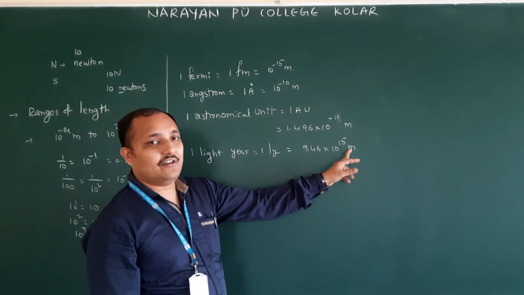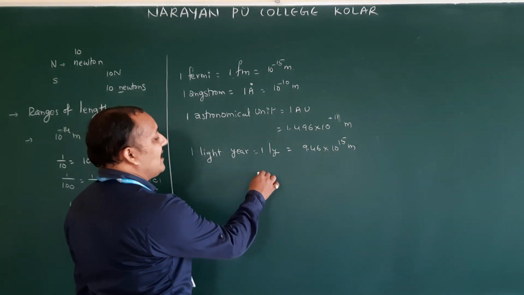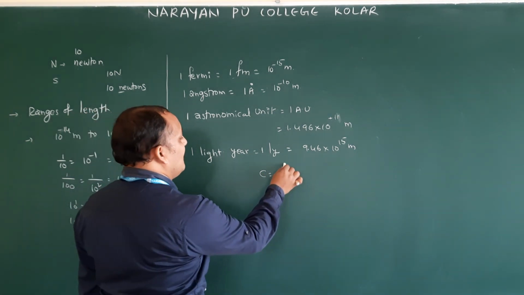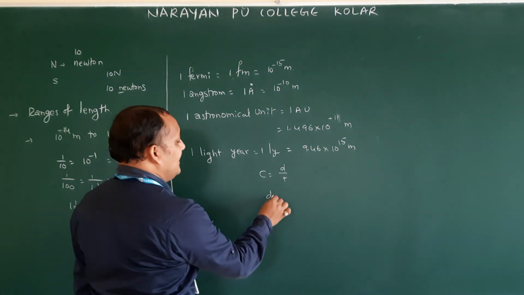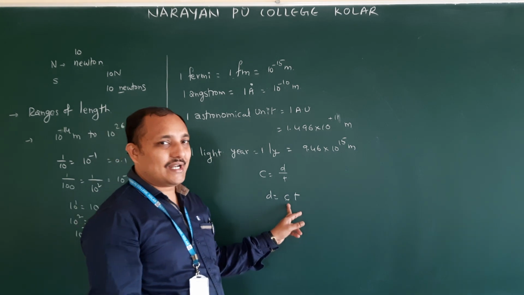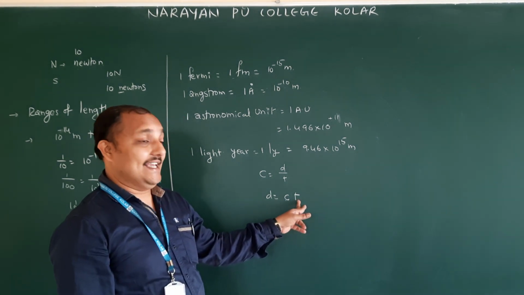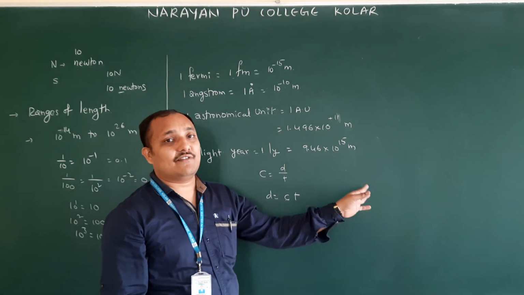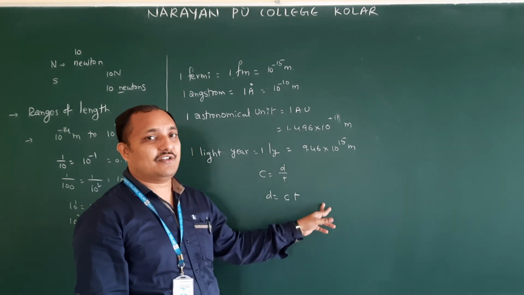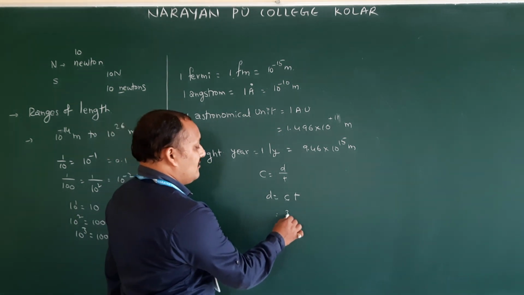If you forget this value, how to remember it? We know velocity of light is equal to distance by time, so distance equals velocity into time. Velocity of light is 3 into 10 power 8 meters per second. Time means 365 days, which you should convert into seconds.